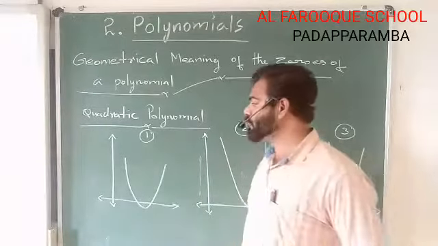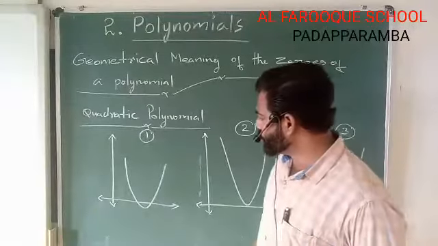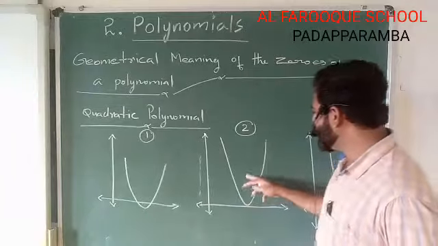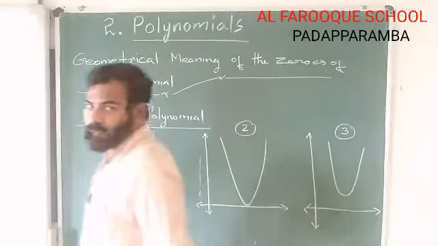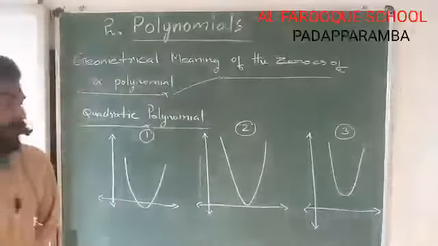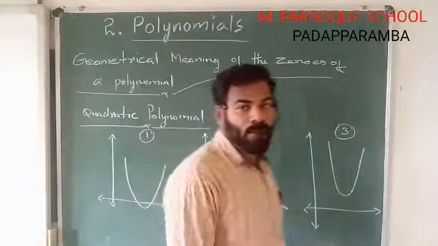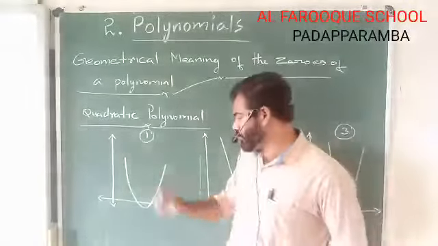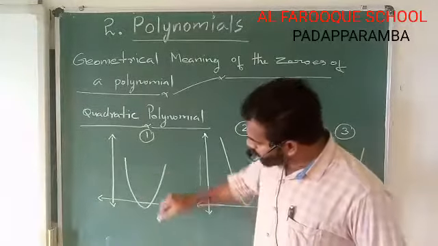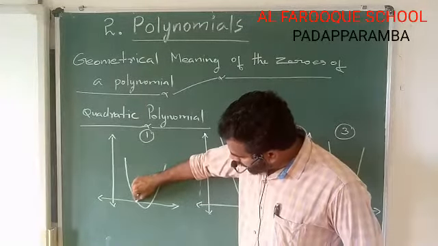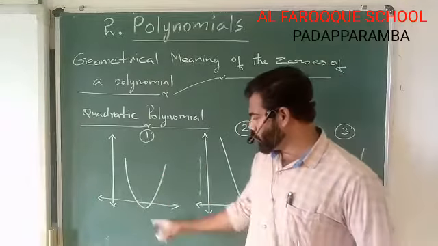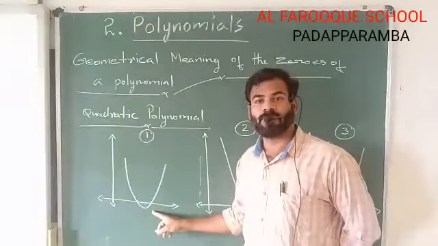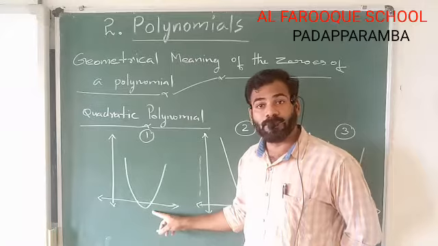Anyway, here I drew 3 figures: first, second and third. Look at the first graph. Here the curve intersects the x-axis in 2 points. Is it clear?